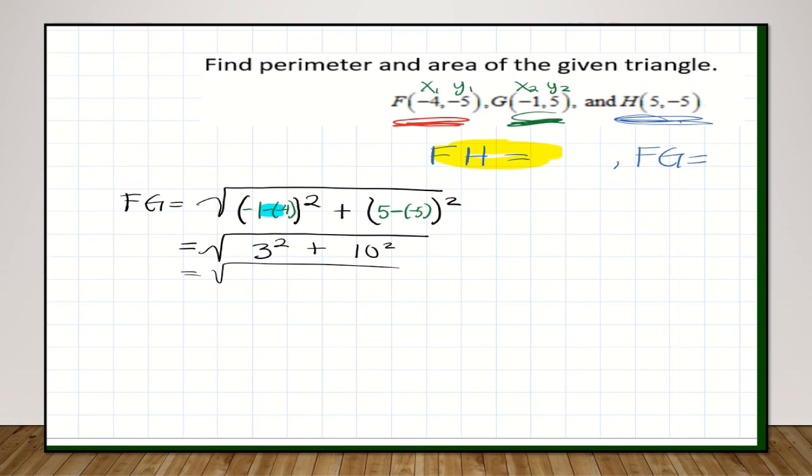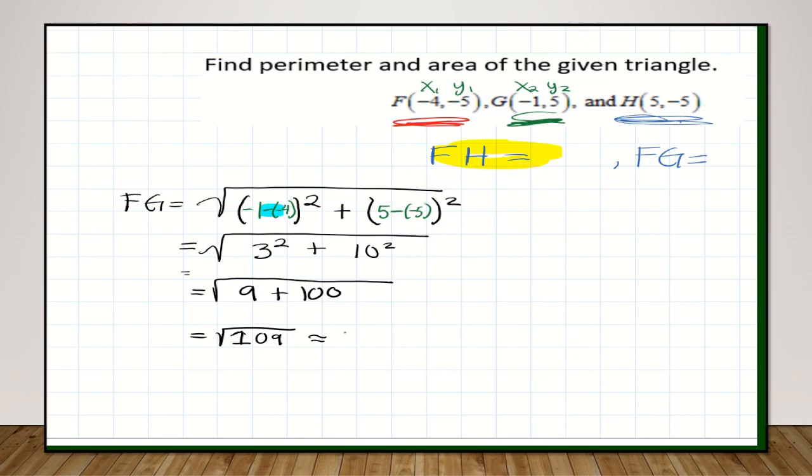So -1 plus 4 is 3. Same thing on the second parentheses. 3 squared is 9. And 10 squared is 100. If I add those 2 numbers, then I get 109.